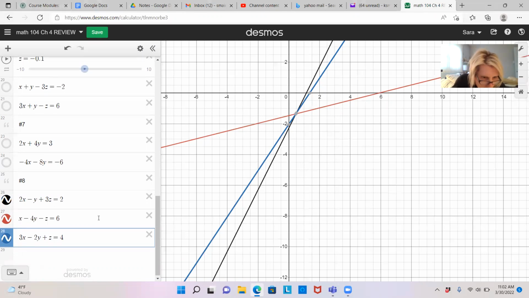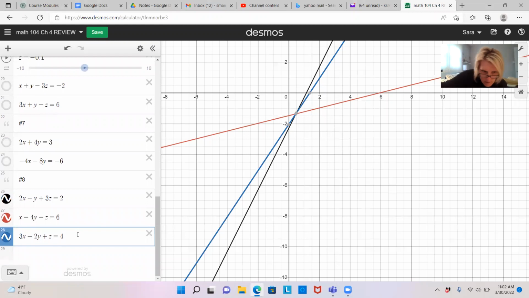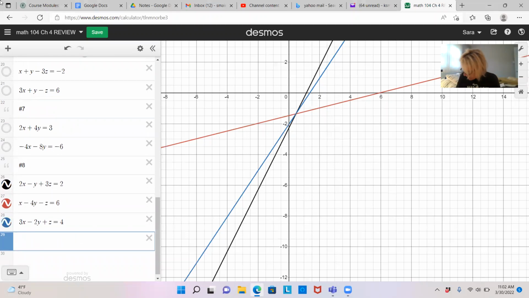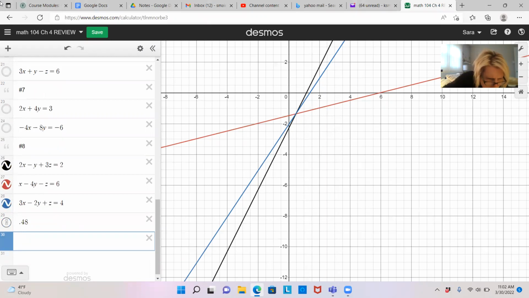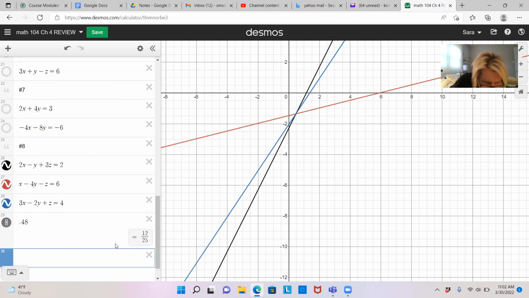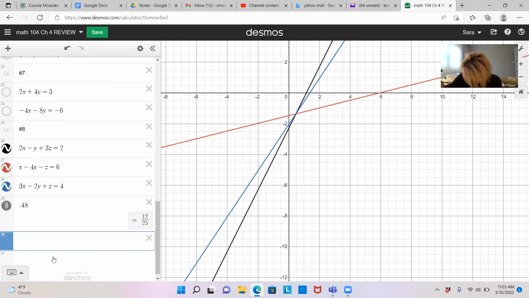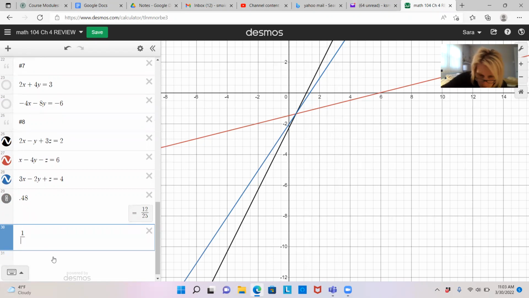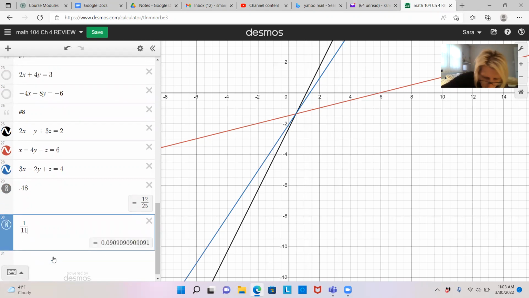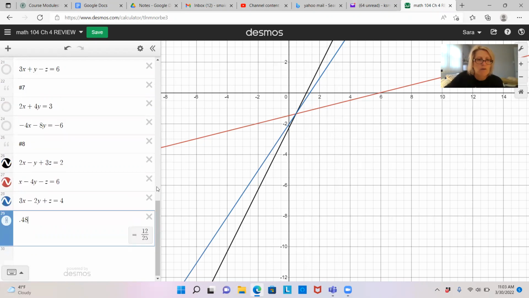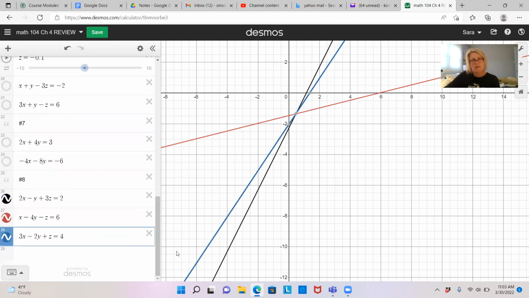So I'm just going to go down below my equations and put in the fractions that I have. 0.48, I'm going to put that in Desmos here and see what that is in fraction form. 12 over 25. So that's close to the fraction I have. And then what is 1 divided by 11? So that's close to 1/10. Okay, so we're close. They just have to be reasonably close. And so when we get our fractions by hand, it should work out.